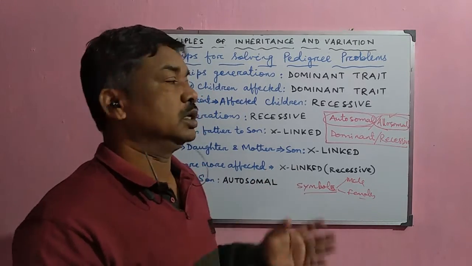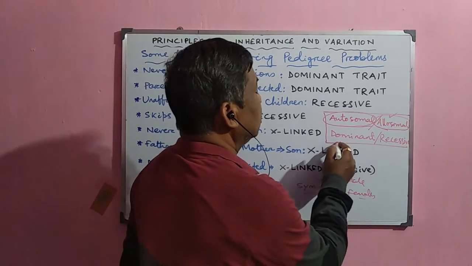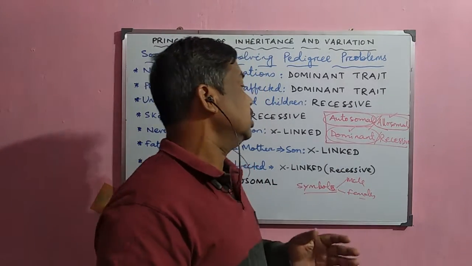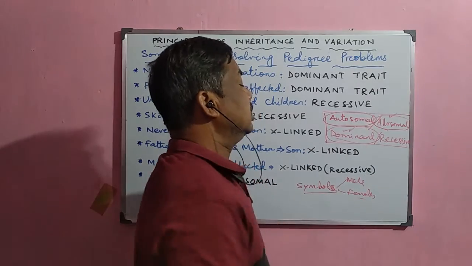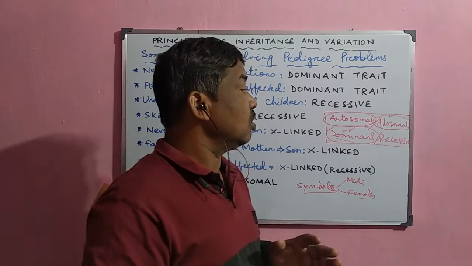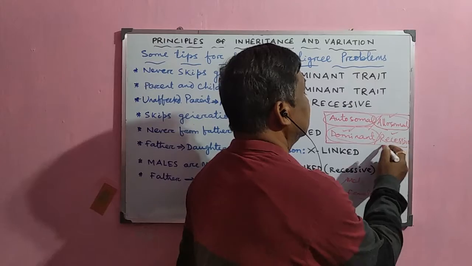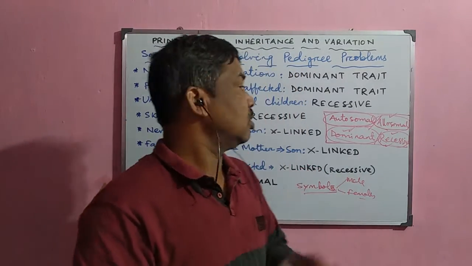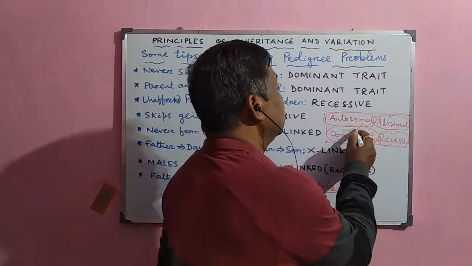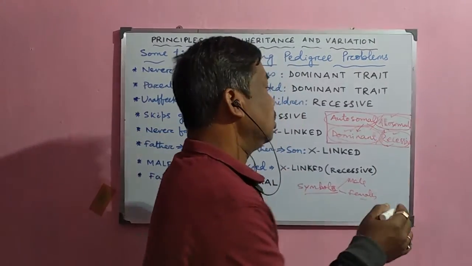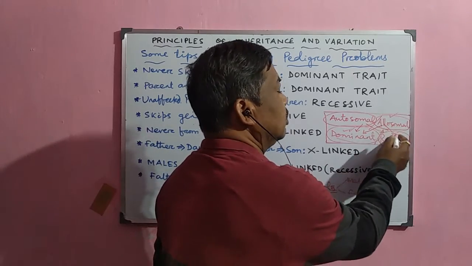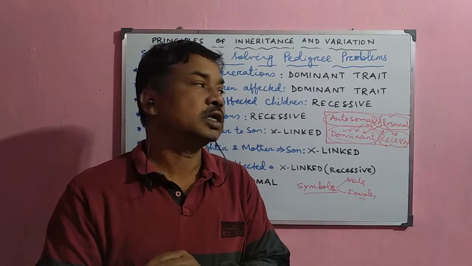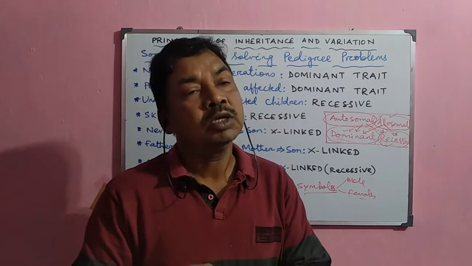Sometimes the disorder is due to an allele which is dominant in nature, so it is called dominant. Sometimes the disease is caused by a recessive allele, so it is recessive. So the disorders are either autosomal dominant, autosomal recessive, allosomal dominant, or allosomal recessive. These are the four categories of genetic disorders in human beings.